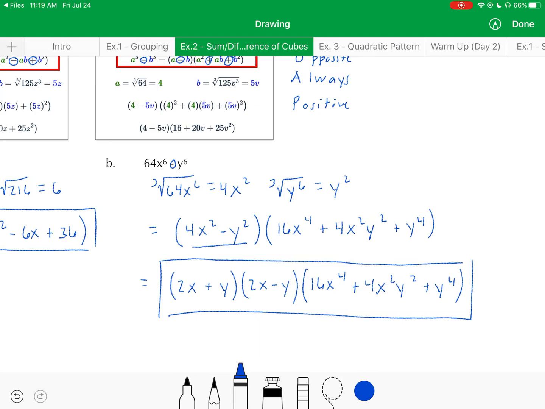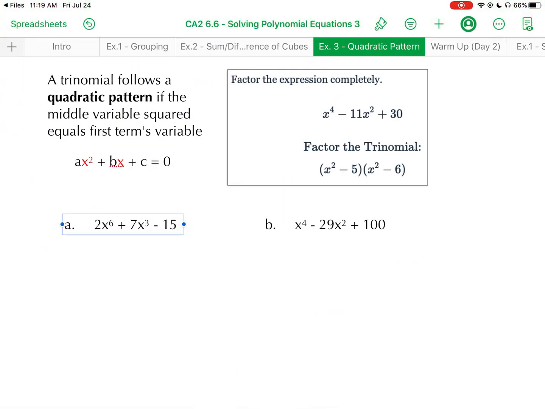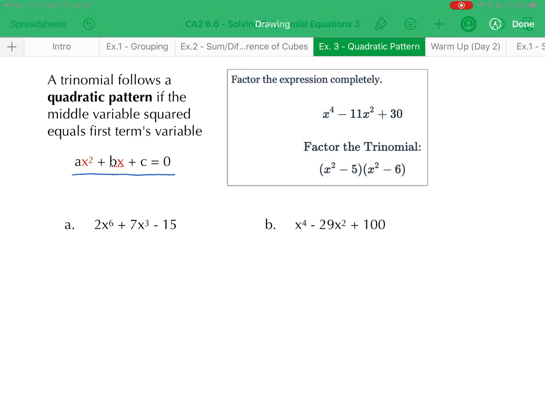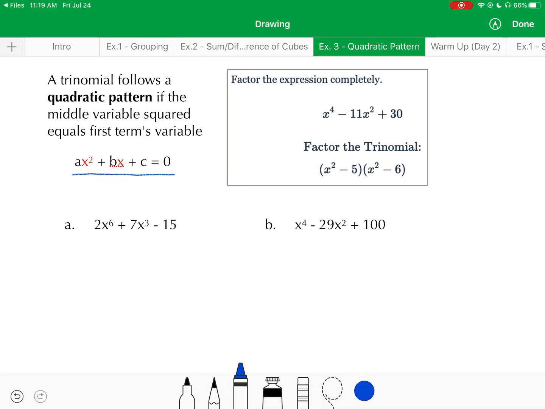All right. Final factoring technique to look at involves a quadratic pattern. We are used to factoring quadratic trinomials of this form, ax squared plus bx plus c, right? And there are other polynomials, specifically trinomials, that their makeup is very similar to this, and we call them quadratic patterns, okay?